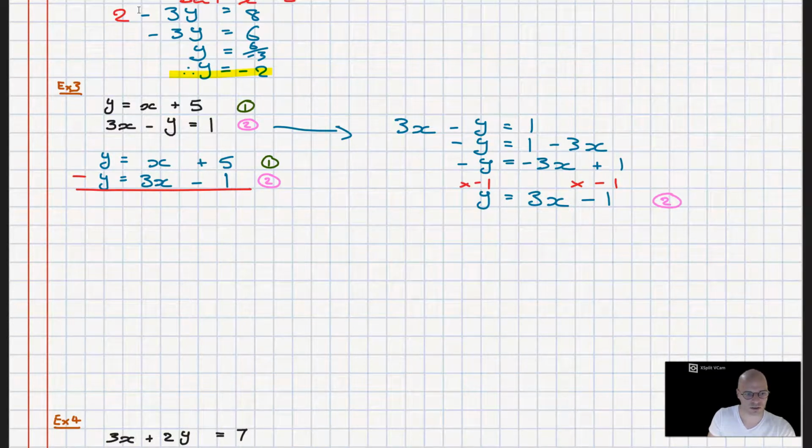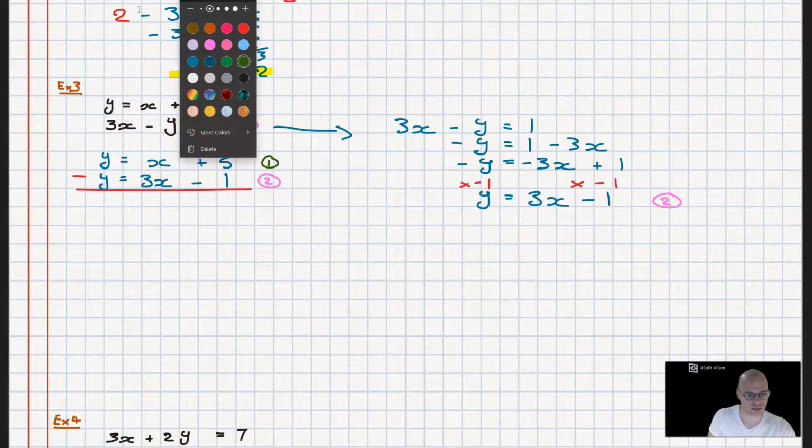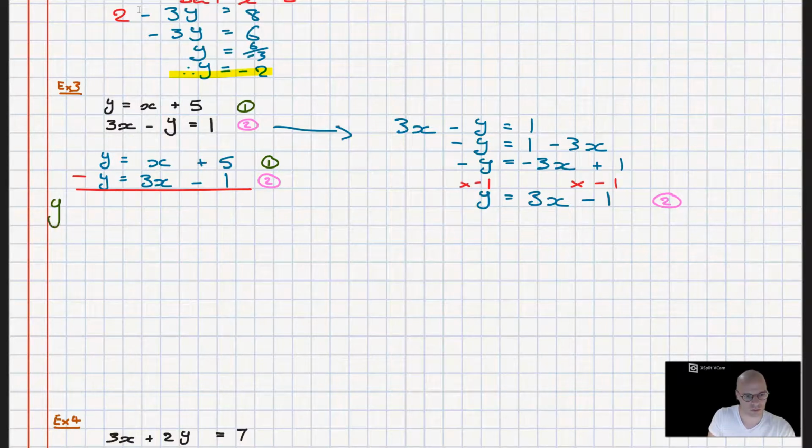To eliminate the y's in this case, because they're both positive, we have to subtract equation 2 from equation 1. So this is going to look like y equals x plus 5, and we take y, take 3x, and take minus 1.